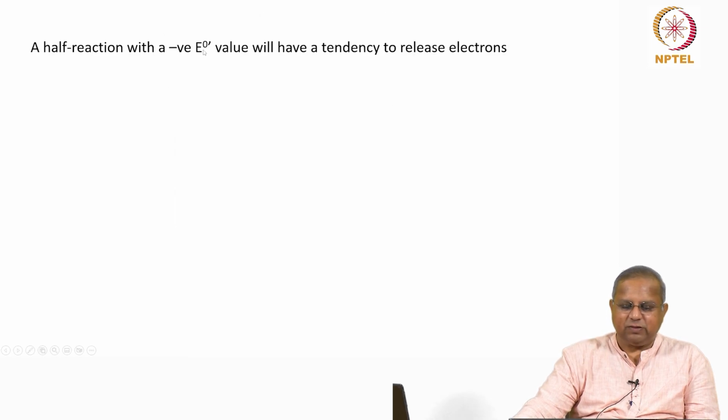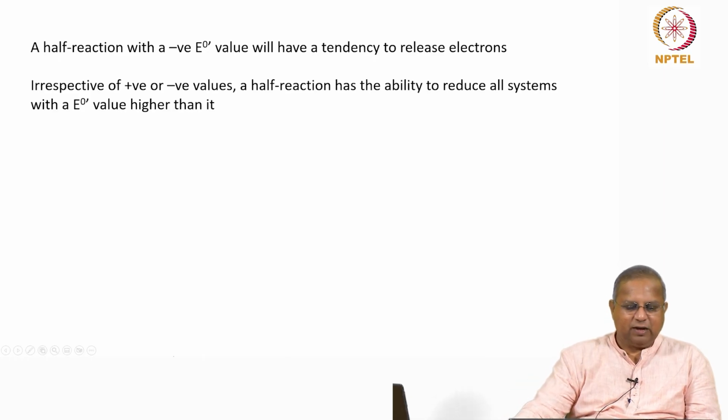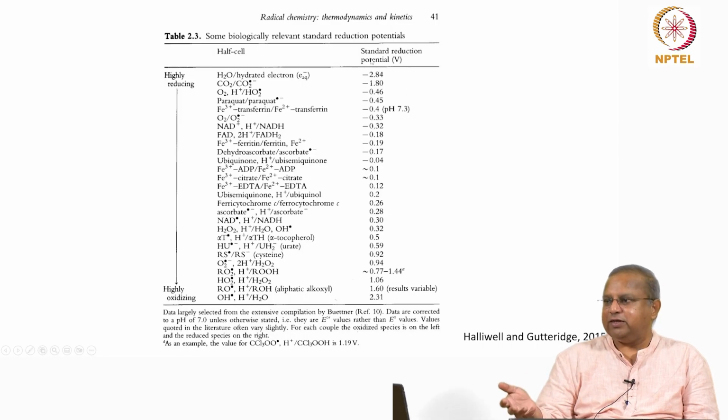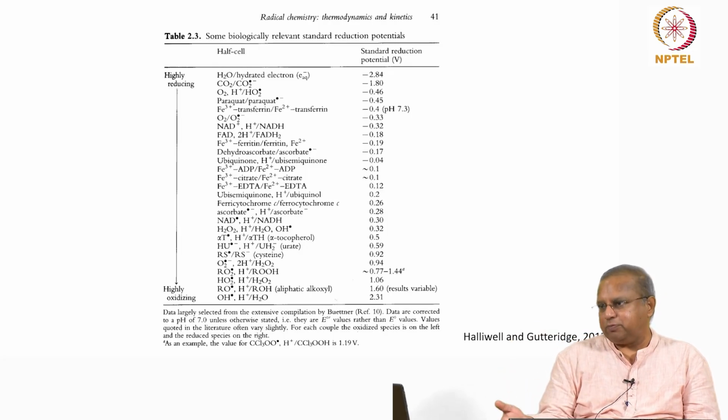A half reaction with a negative E naught dash value will have a tendency to release electrons, and a half reaction with a positive value will have a tendency to accept them. If you look at the values here, the standard reduction potential goes from minus to plus. It is deliberately arranged in this fashion, because a half reaction with a relatively more negative value will release electrons to a half reaction with a relatively more positive value.